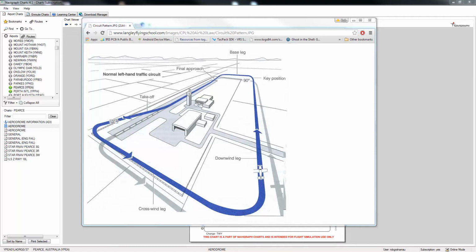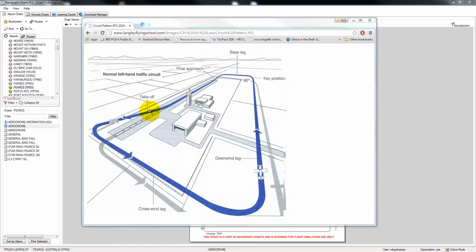An aircraft flies it when it's planning on using the runway again and again, or planning on landing. So if we look here, we can see what's known as a normal left-hand traffic circuit.